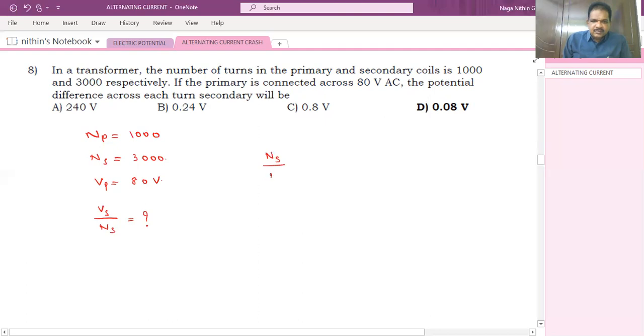Ns by Np is equal to Vs by Vp. Vs by Ns is equal to Vp by Np. Vp value 80, NP value 1000.